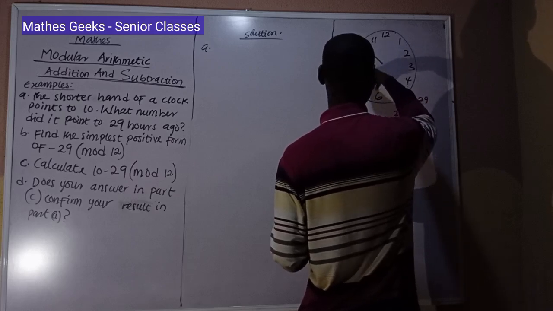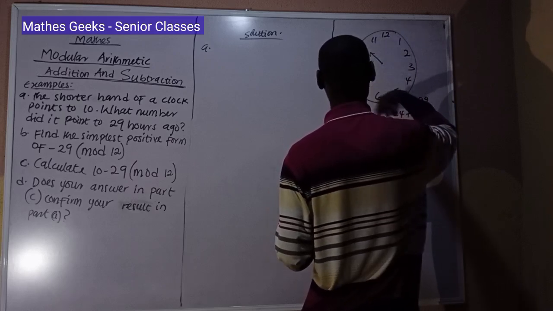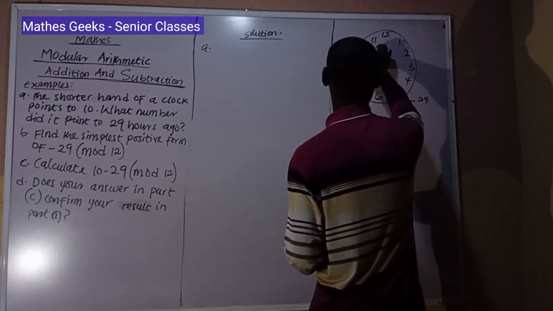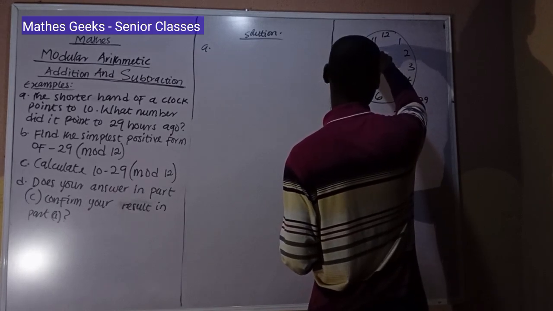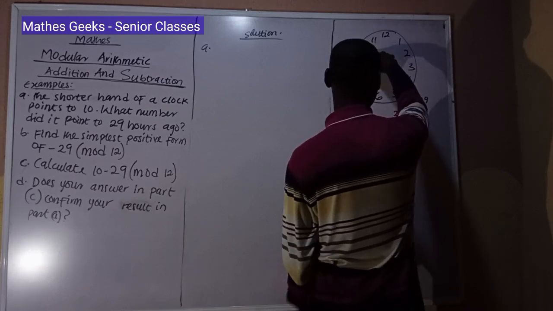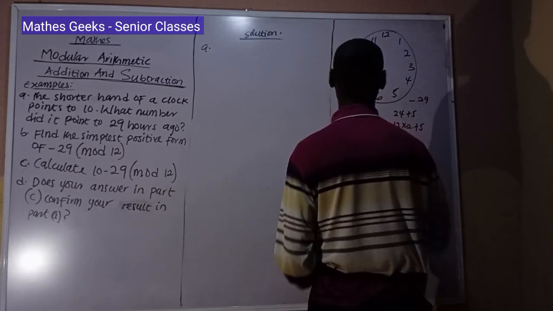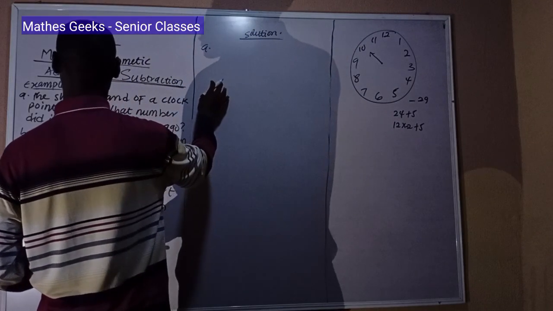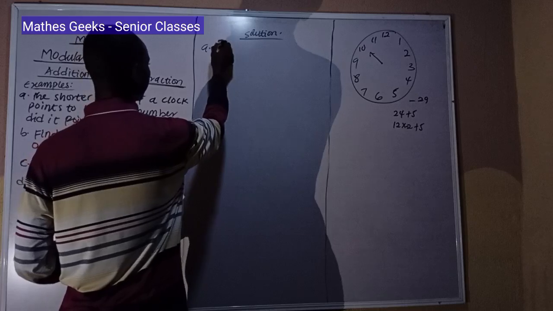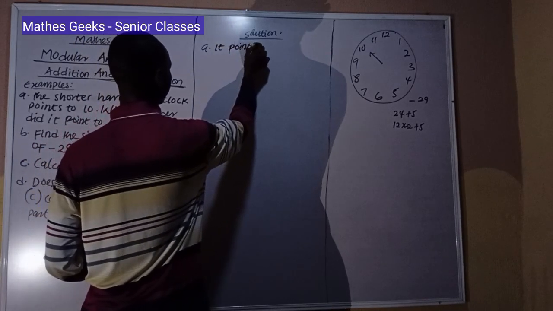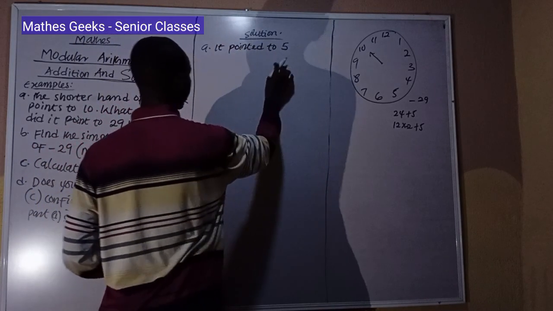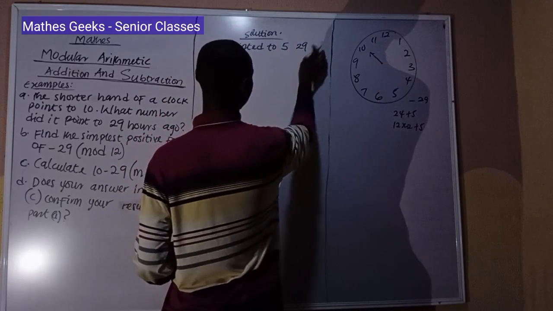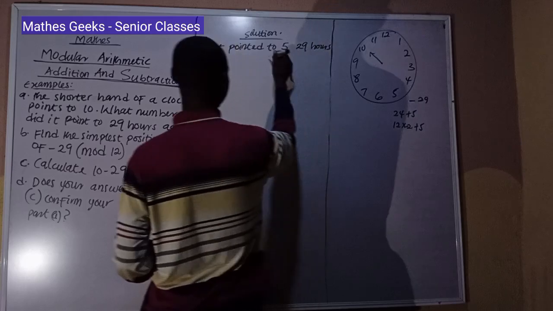So if you turn in the anti-clockwise direction 2 times, you get 24. So let's assume that we have done that 2 times. So we are left with 5. Let's count backwards 5 times. 1, 2, 3, 4, 5. That's 5. So 29 hours ago, what number did it point to? It pointed to 5, 29 hours ago.